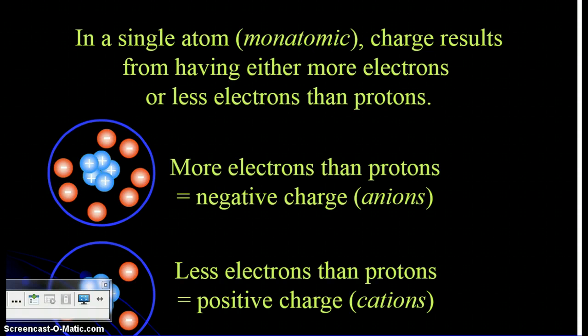So we gain and lose electrons to become charged. If you lose electrons, you'll have more positives than negatives, so you'll be positively charged. If you gain electrons, you'll have more negatives than positives, so you'll be negatively charged. Negatively charged ions are called anions, positively charged are called cations.